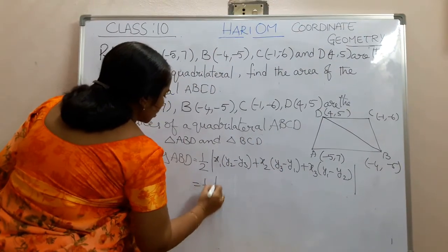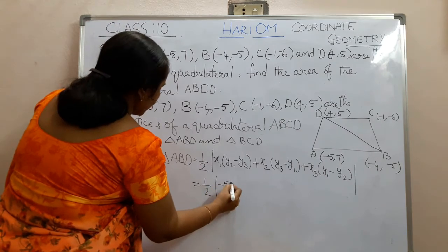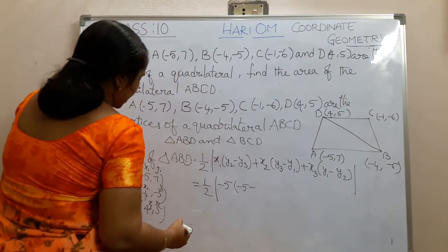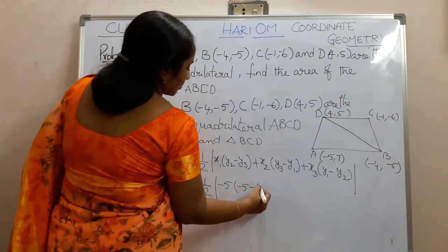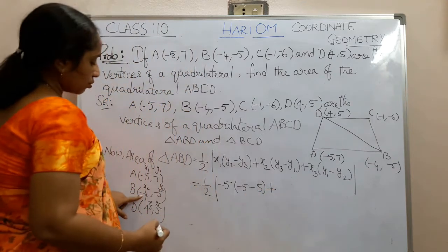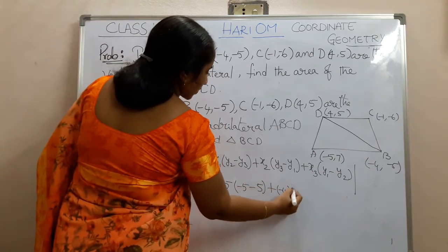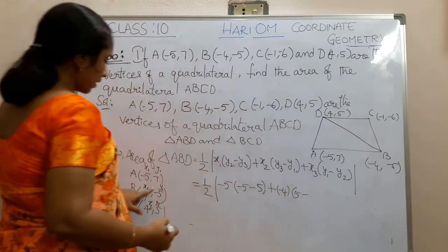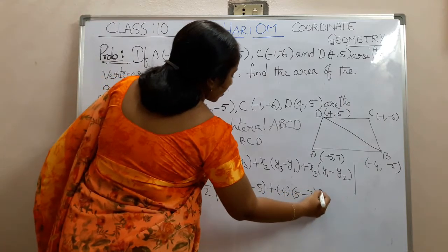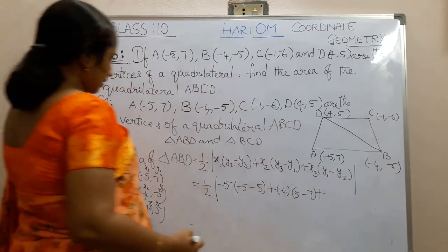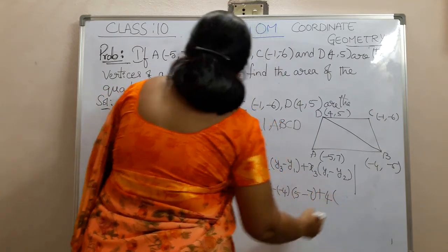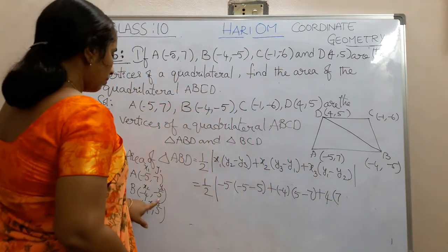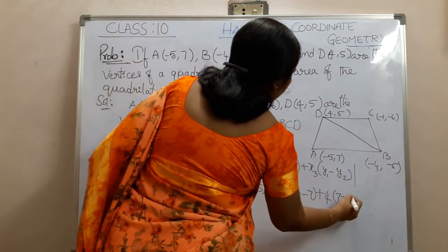Now it is 1 by 2 modulus of x1 minus 5 into y2 minus 5 minus y3 minus 5, plus x2 minus 4 into y3 5 minus y1 7, plus x3 4 into y1 7 minus y2 minus of minus 5.